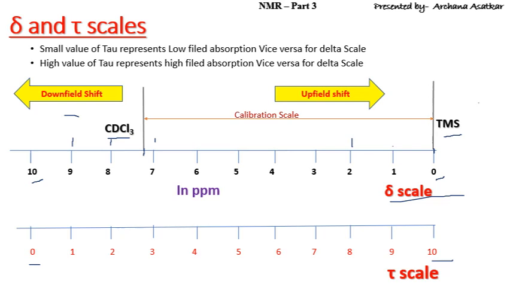That means we are on the right path to get the NMR spectra for the sample. Now I will explain the tau scale. This is just a reverse of the delta scale. It starts from 10 to 0, and as mentioned there, a small value on the tau scale means low field. This is low field or downfield shift, and a high value on the tau scale means high field or shielded region.